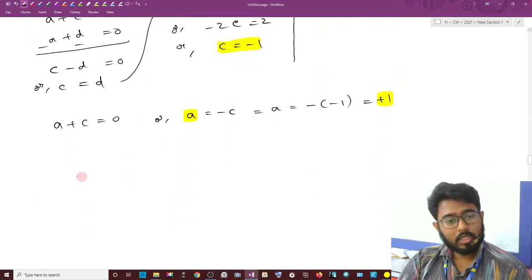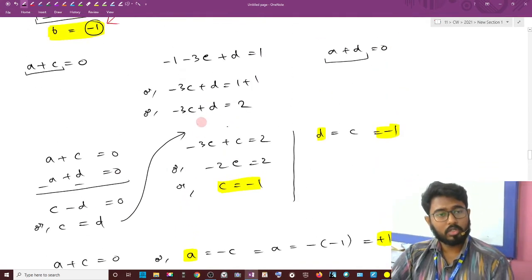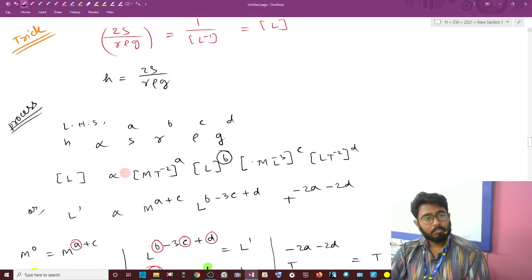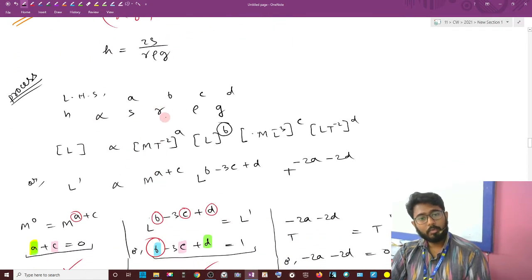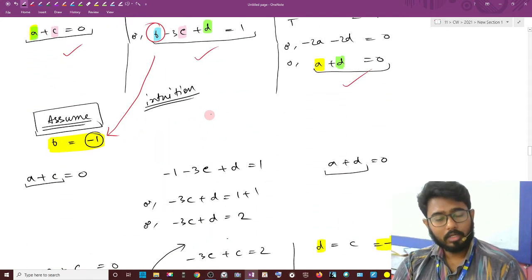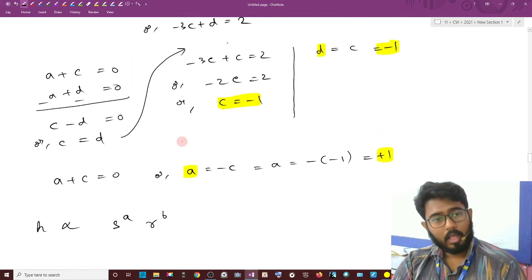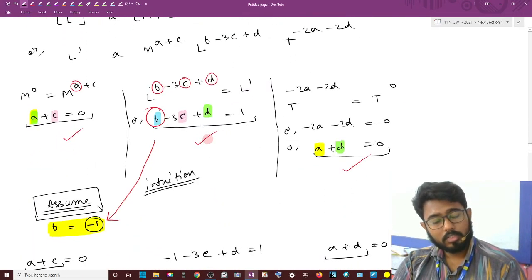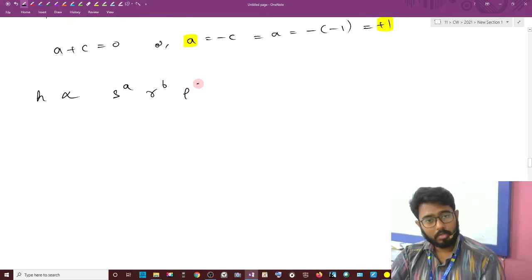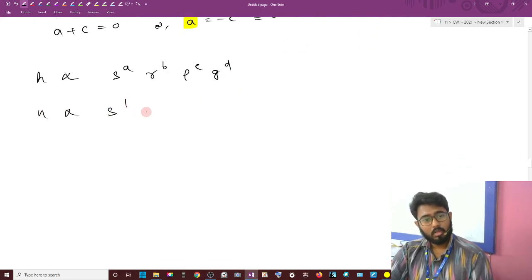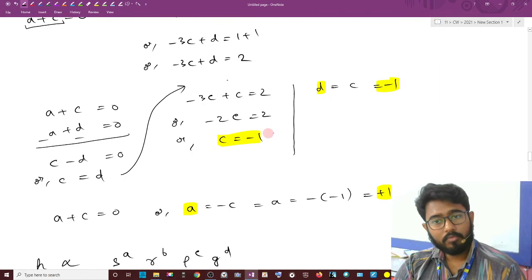So the final relation will be h proportional to s to the power a, r to the power b, rho to the power c, g to the power d. So h proportional to s to the power a, we have got plus 1, r to the power b, we have taken minus 1, c minus 1, d minus 1.